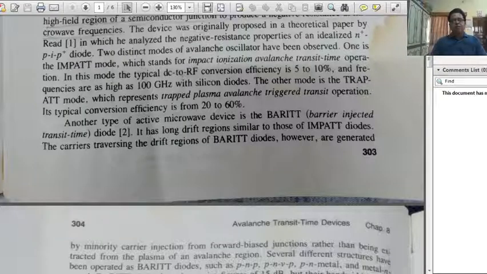Another type of active microwave device is the BARITT. This is not in your syllabus, but I will just explain it. What is BARITT? Barrier injected transit time diode. BARITT diodes have long drift regions like IMPATT diodes.